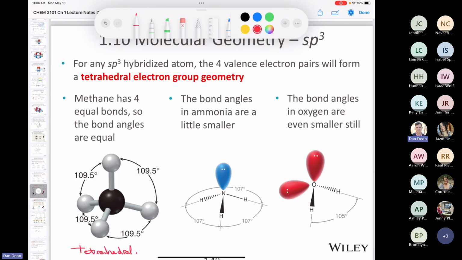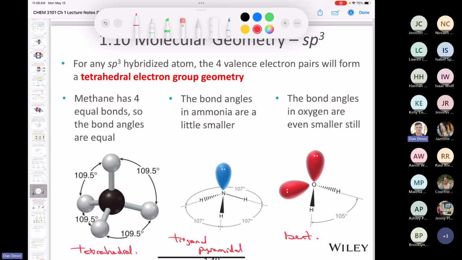If we have 3 bonds and 1 lone pair, we have trigonal pyramidal. And if we have 2 bonds and 2 lone pairs, then our molecular geometry is bent. I repeat, molecular geometry only considers bonds.